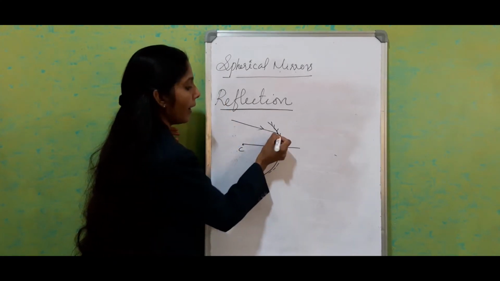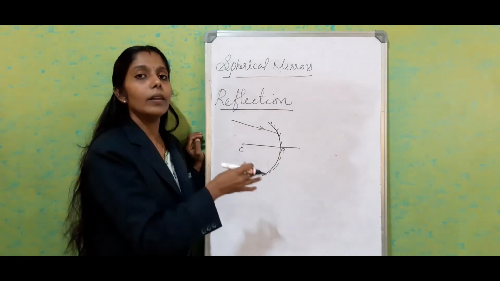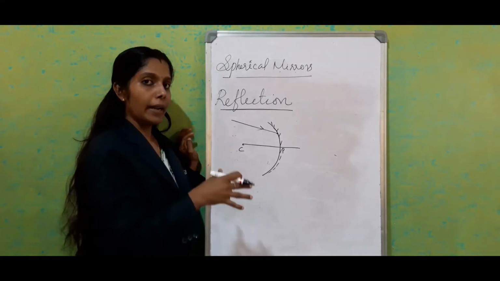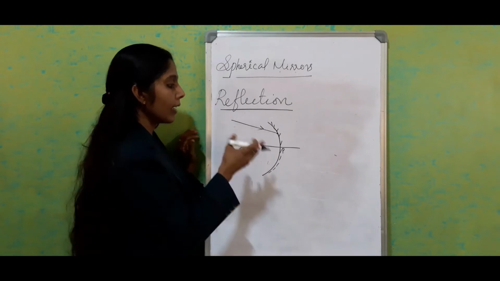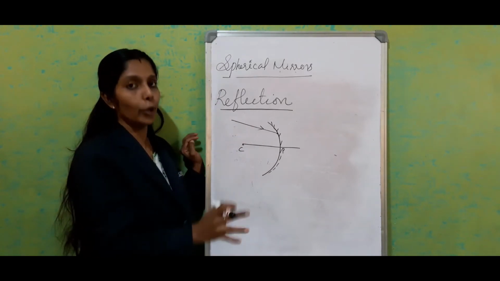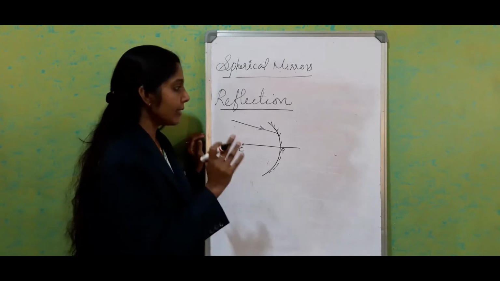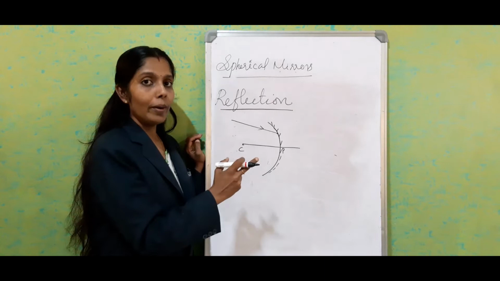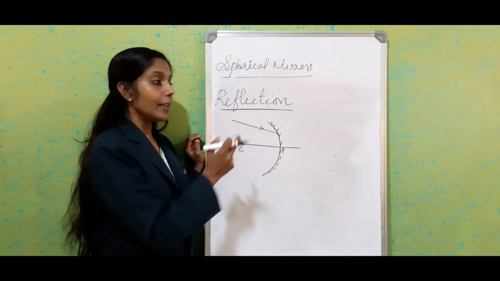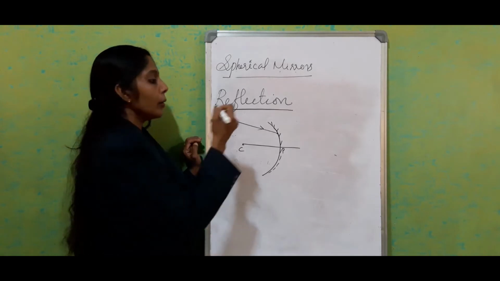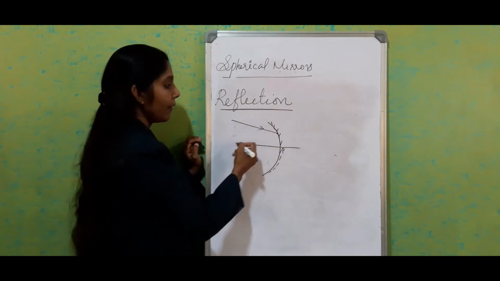This is the point where it strikes the mirror. We studied that in the case of plane mirrors, when a ray strikes a point, on that particular point we have to draw a normal. Here, in the case of spherical mirrors, the normal should pass through the center of curvature. So at each and every point we will get a normal.